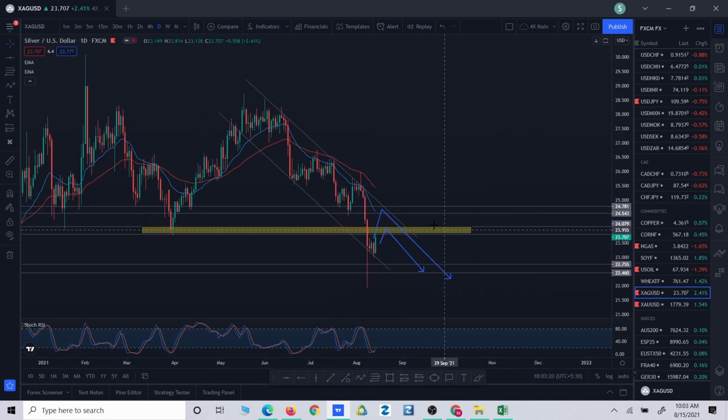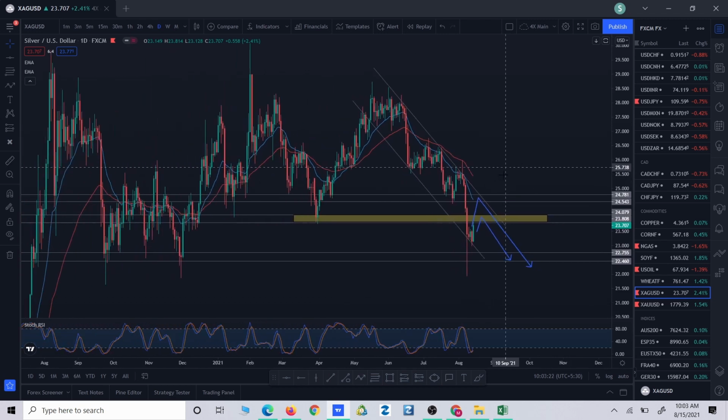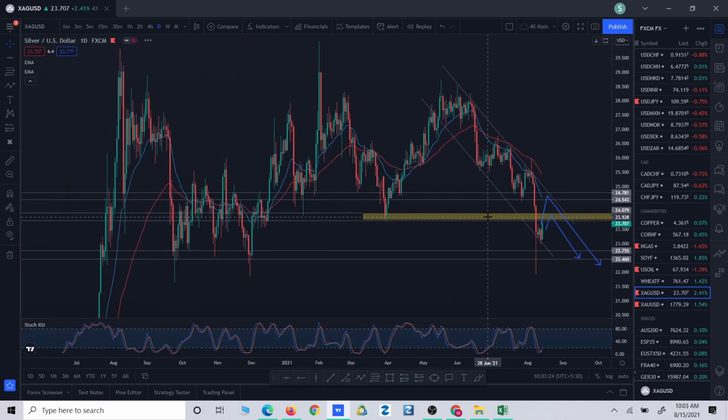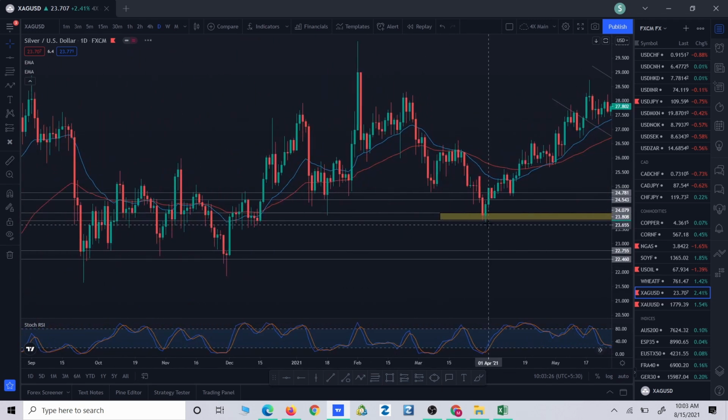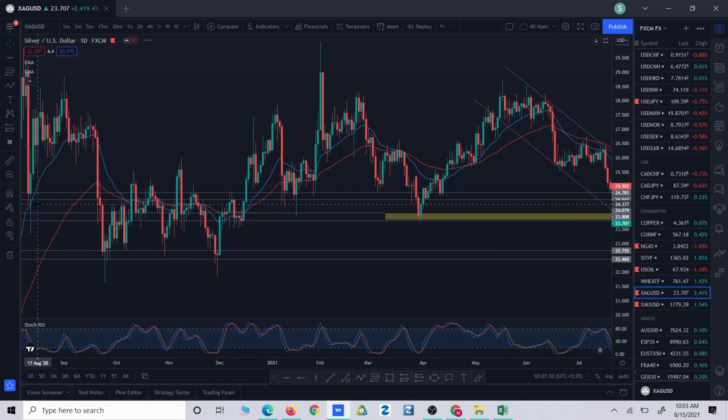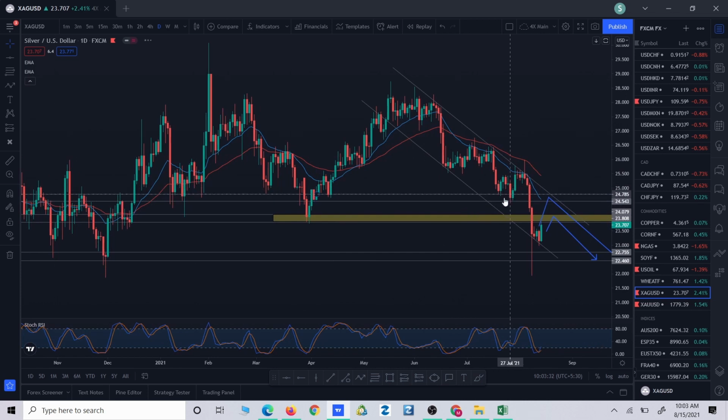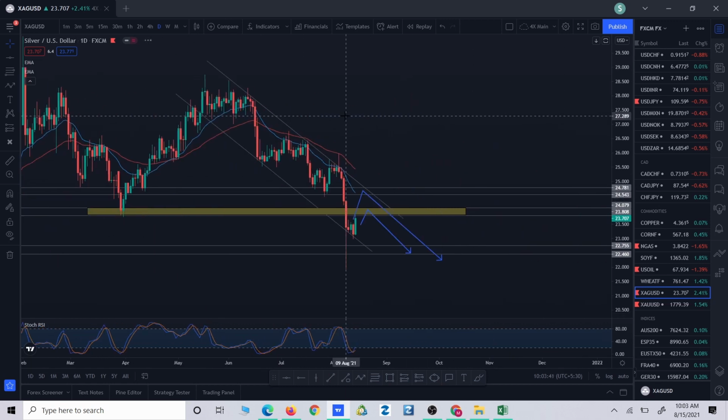As we can see, both of these zones are very strong, as we tested them multiple times. This particular zone is retested 1, 2, 3, 4, 5, 6. This other zone is retested 1, 2, 3, 4, 5, 6, 7, 8, multiple times.